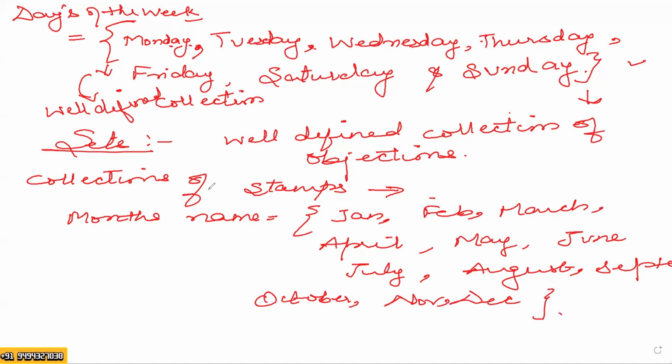Okay, children. Now see, these are the months' names. So clearly you can say that this is the well-defined collection of all months' names. So therefore, it is defined as a set. Clear this thing? Yes, children, have you understood? Yes, ma'am.